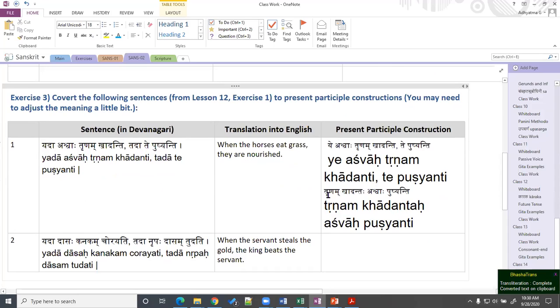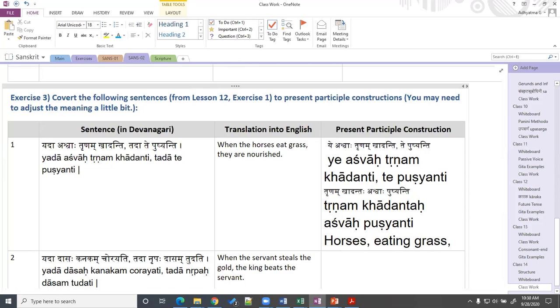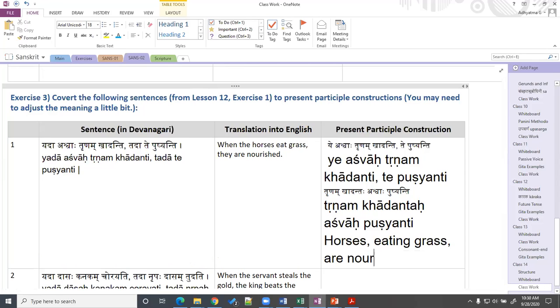If I have to translate into English, you will basically be saying, horses eating grass are nourished. Or, eating grass, horses are nourished.